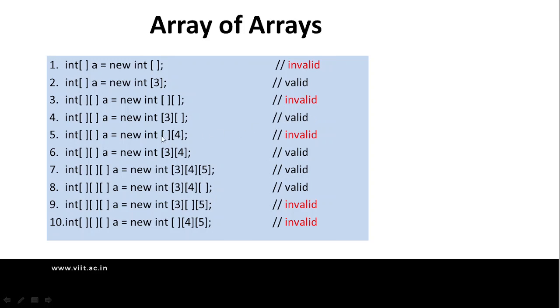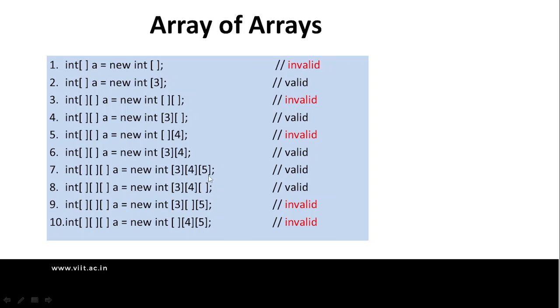Also, if you mention the second dimension of that double array with a value, this is invalid, because in the second dimension you cannot fix the size of all arrays, as it is dynamic. Any element you can assign to the particular array, so the first location of the double array is valid, but mentioning only the second location is invalid. Also you can mention the size of both arrays, like 3 at the first location and 4 at the second location, this is also valid.